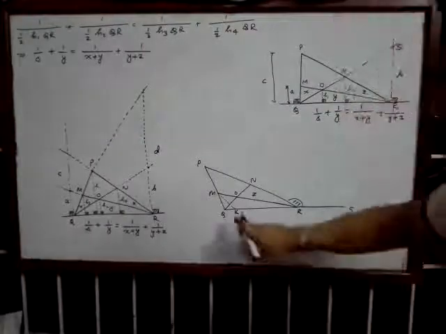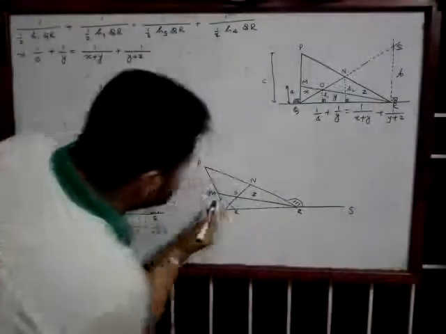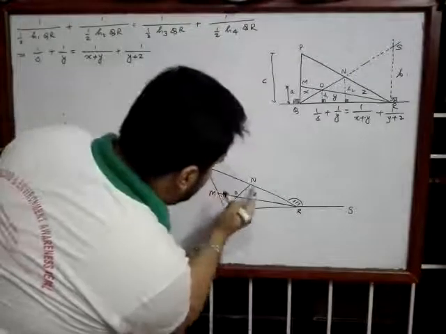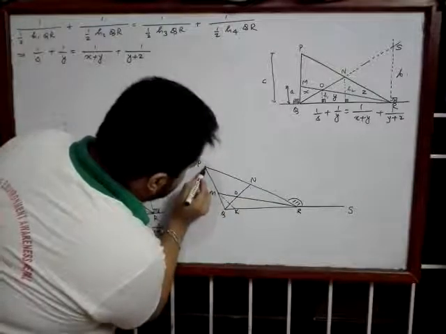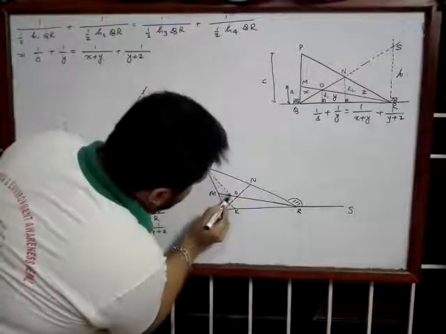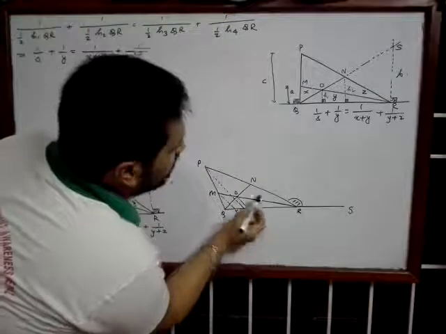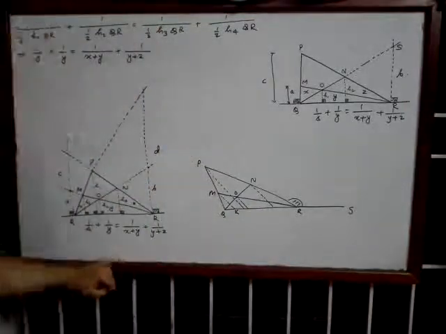Now after you've fixed MK, you draw lines parallel to MK through P, O and N. So this is the parallel line, this is the parallel line, and this is the parallel line.